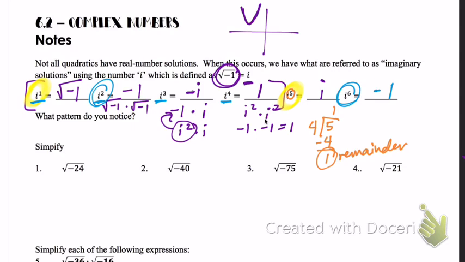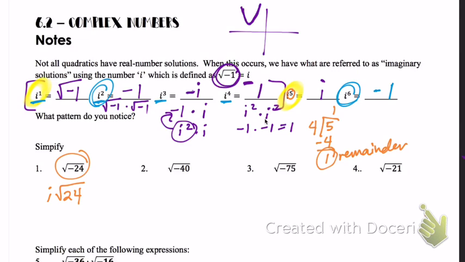The next thing that I want to show you guys is simplifying radicals. So anytime you have the square root of a negative, automatically I'm going to put an i out here, and it's going to be the square root of 24. So i square root of 24. However, I don't want us to be done there because we can simplify this radical, meaning we can pull out the perfect squares.